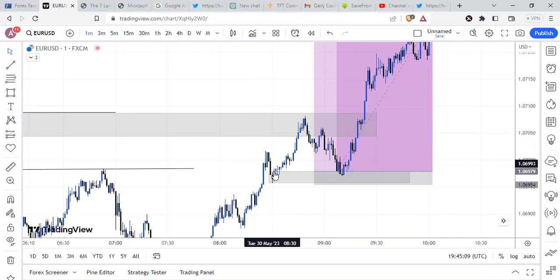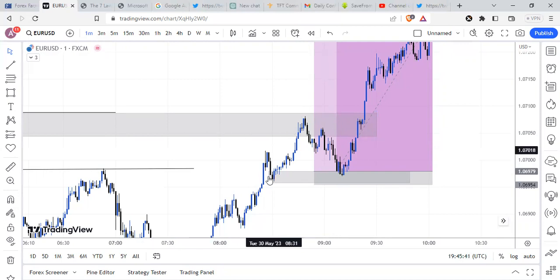So price came, respected it a bit, and then gave a strong push. In this particular case, it didn't really fill the supply completely. Ideally, I'm supposed to wait and see these candles break through the supply. If this candle had broken through the supply properly, that would have been a very perfect example. But I didn't wait to see that it broke it completely. Immediately I saw this strong push, I already knew this level wasn't going to hold.